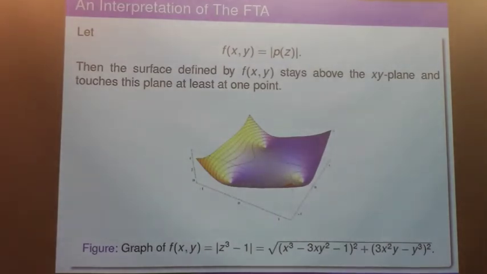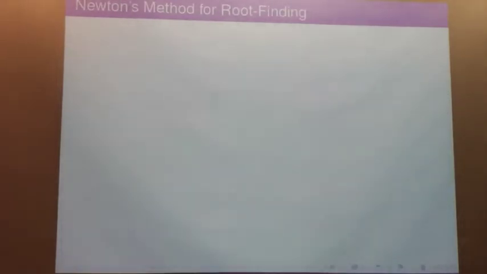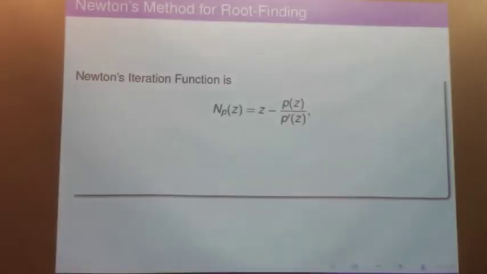If you have a polynomial, its modulus is a function of x and y. It's not always so easy to write this function. For a cubic, it's this. And if you graph it, it's going to look like that in MATLAB, for instance, or Mathematica, or whatever. The fundamental theorem tells us that the surface lies above the xy plane, and it touches down at these points, as many as its roots counted with multiplicity.